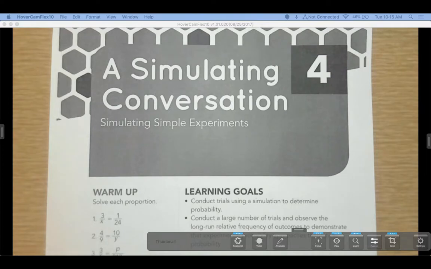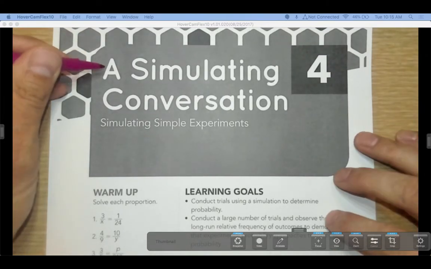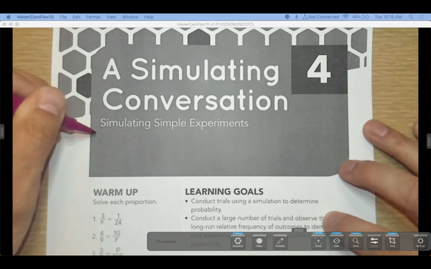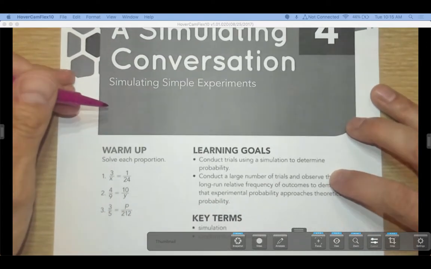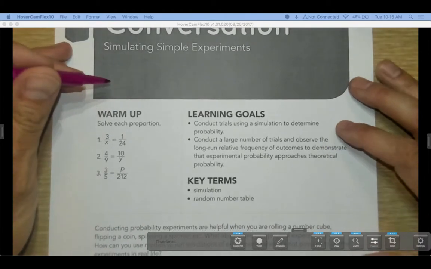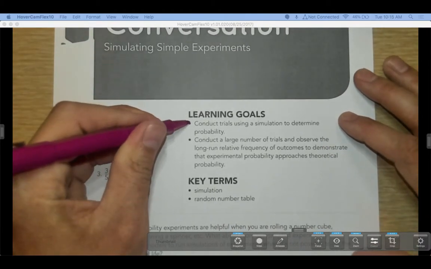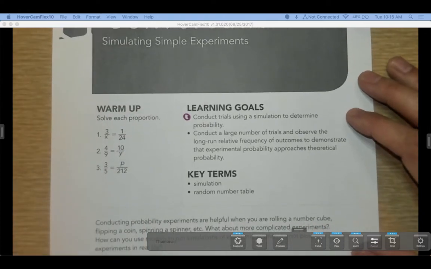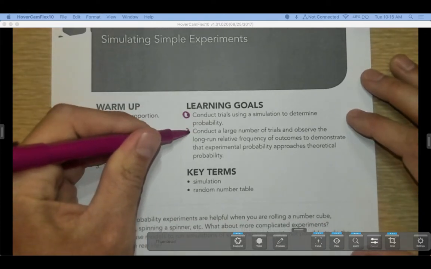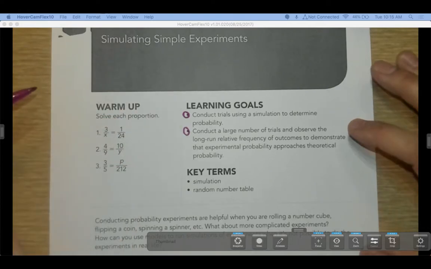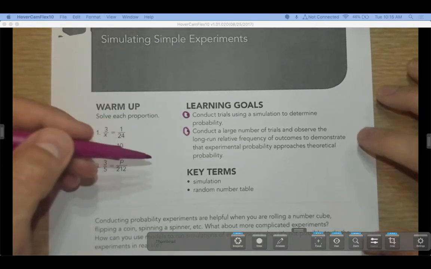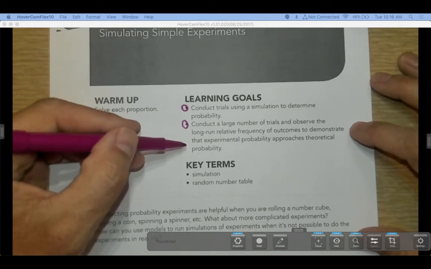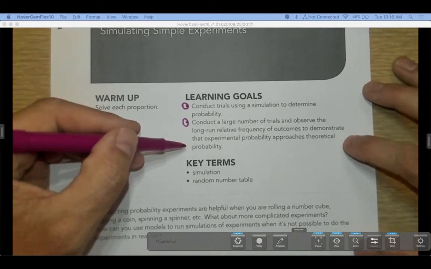All right, so here we have lesson 4, simulating conversation, simulating simple experiments. Learning goals in this lesson are to conduct trials using a simulation to determine probability, conduct a large number of trials, and observe the long-run relative frequency of outcomes to demonstrate that experimental probability approaches theoretical probability.